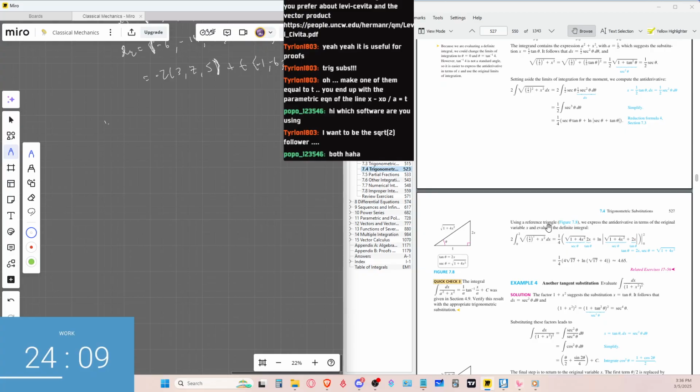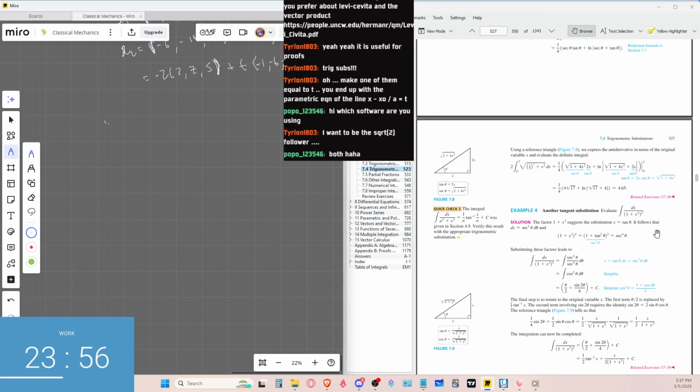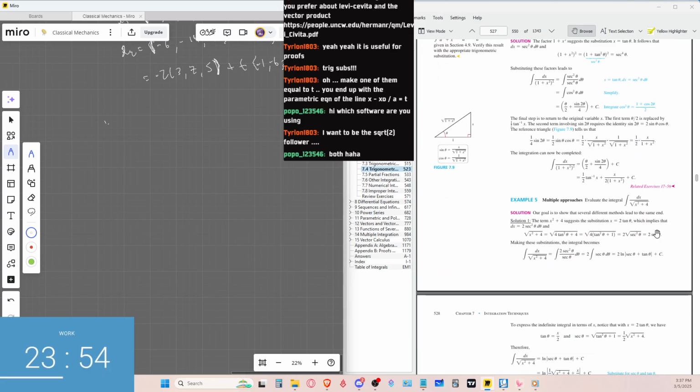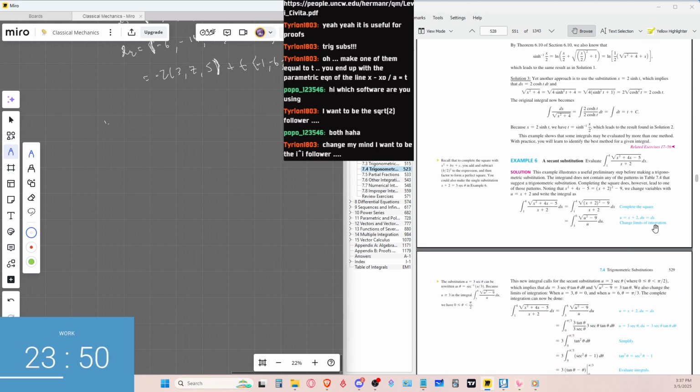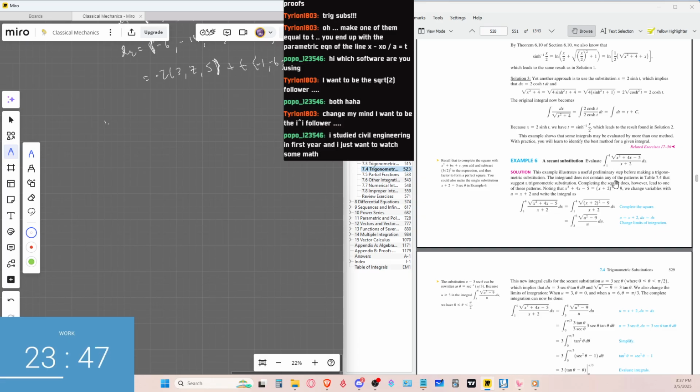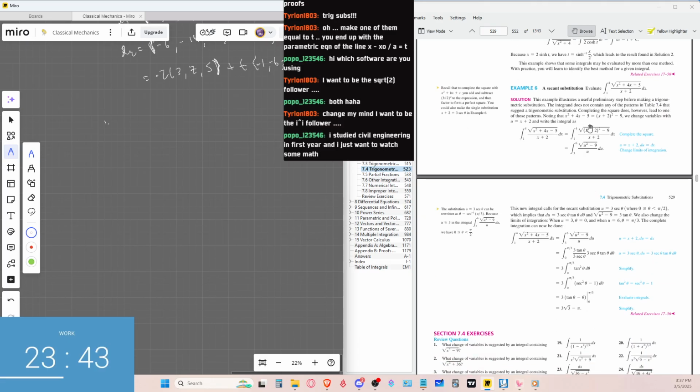Okay, using the reference triangle, we can express them, so yeah, we're given these. Okay, here we go. Evaluate this. Yeah, because I know you're supposed to change the parameters.